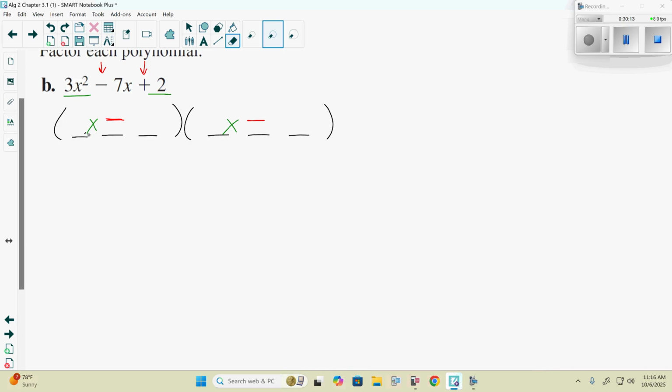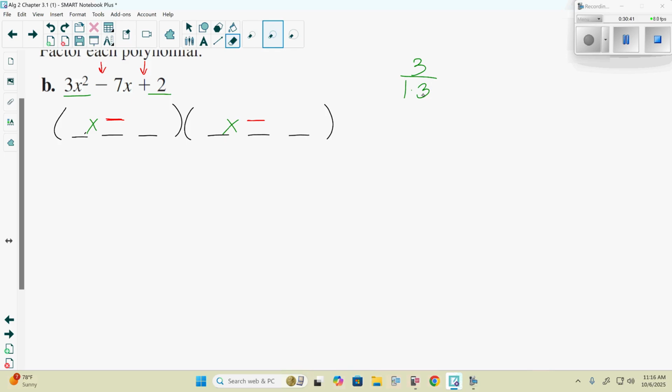If writing it out helps, write out the factors. Factors of 3 are 1 and 3. That's it, yeah? So we just have to plug the 1 and 3 into one of the two spots because those are the only factors of 3x squared.